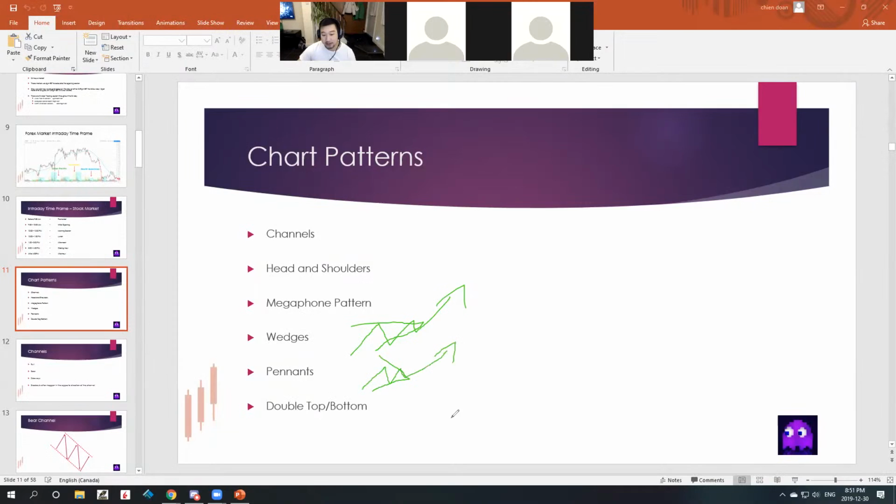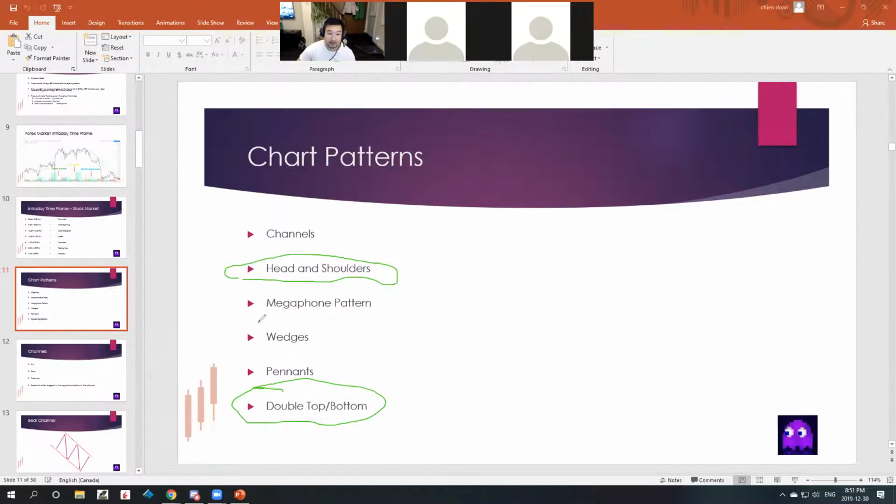And then double tops and double bottoms, the M or the W patterns, are reversal patterns. So of the following, you have this here. This is a reversal pattern. This is a reversal pattern. This is a breakout pattern. This is a breakout pattern.